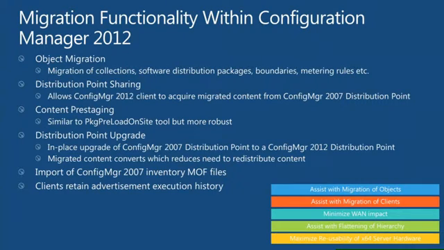A great feature we put in is distribution point sharing. What we allow you to do is actually leverage your Configuration Manager 2007 distribution points for content lookup and for the clients to download. What this means is, as we're migrating objects over, we'll persist the package ID.